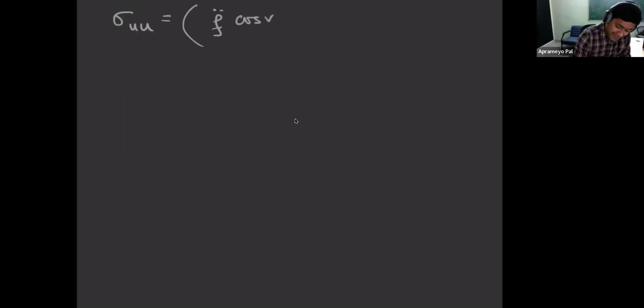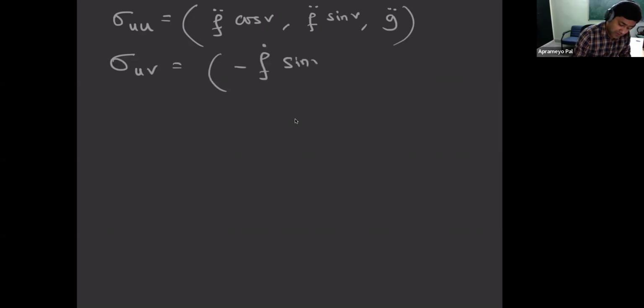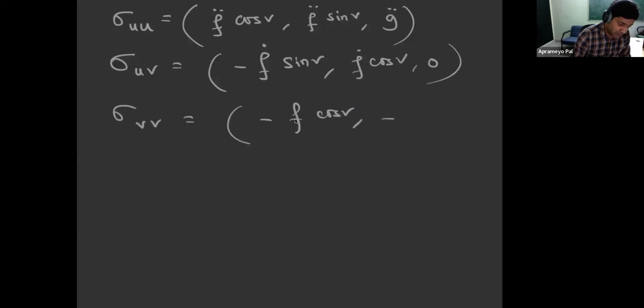Sigma uu is f double dot cos v, f double dot sine v, g double dot. Sigma uv is minus f dot sine v, f dot cos v, and 0, and sigma vv is minus f cos v, minus f sine v, and 0.